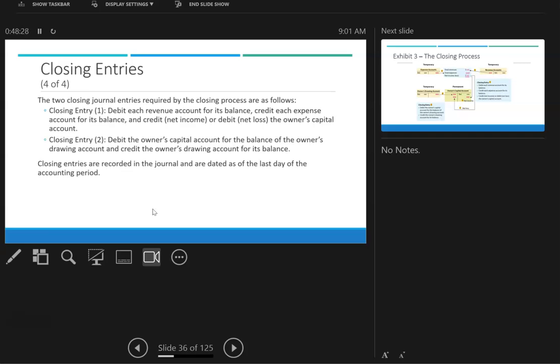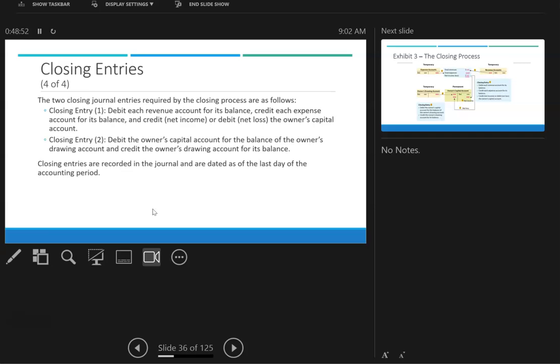So if during the year the owner had drawings of $50,000, to zero out that drawing account, because that is also a temporary account, even though it's not in the income statement. We zero out that drawing account so we can start fresh for the next year.